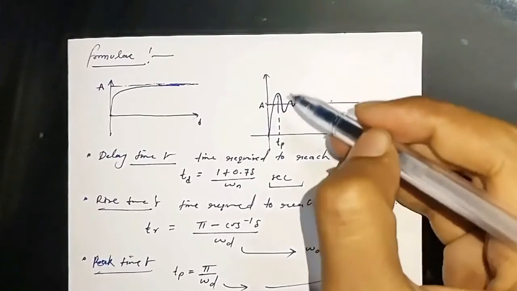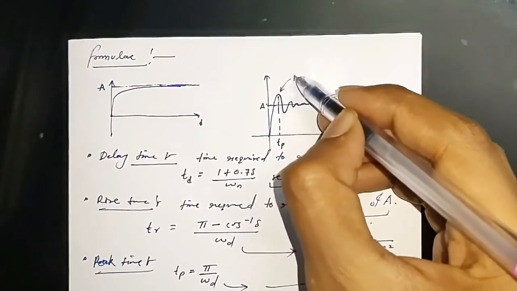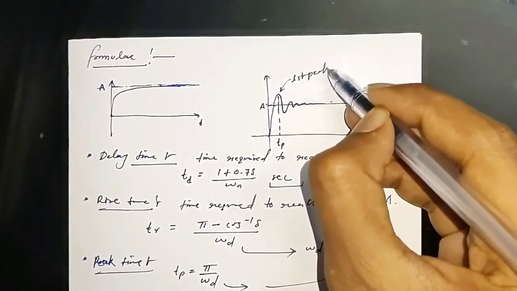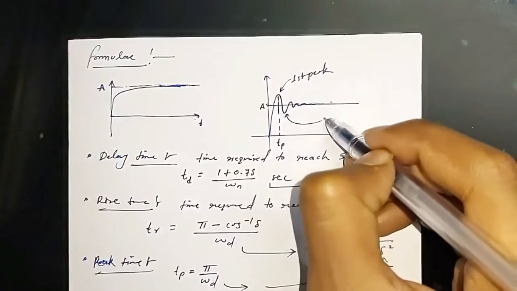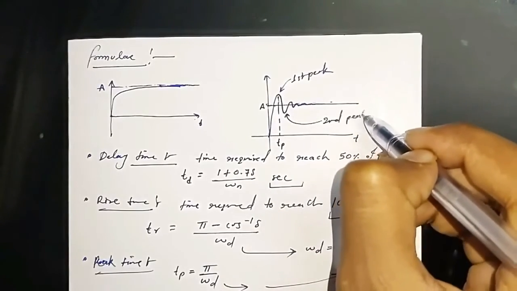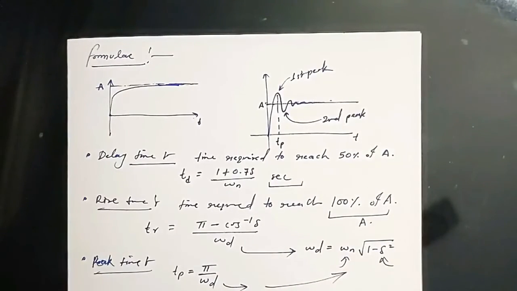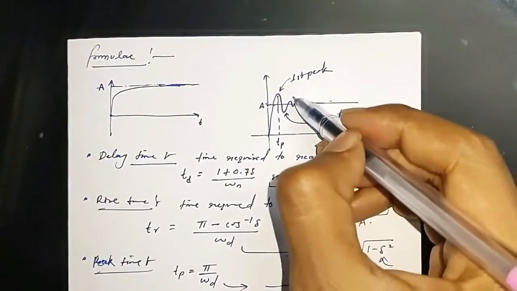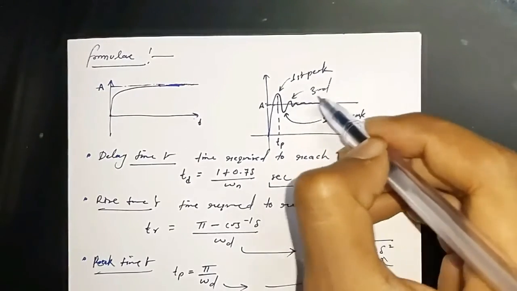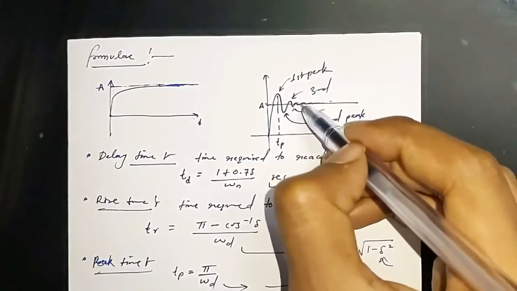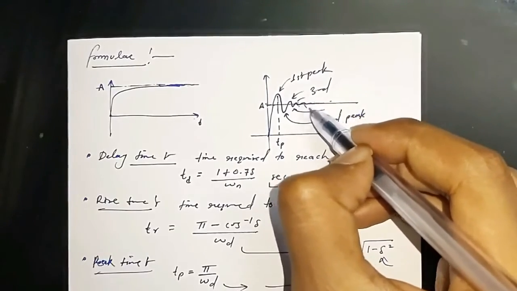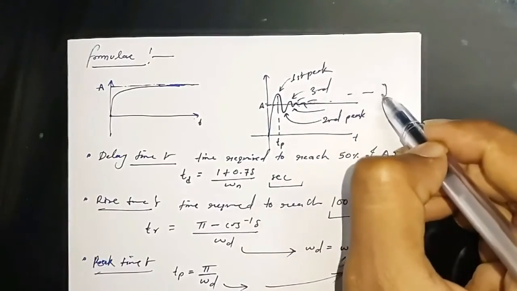Here you can notice that this is the first peak, this is the second peak. It doesn't matter that it is a negative peak. This is the third peak, this is the fourth, fifth, sixth, seventh, and so on.